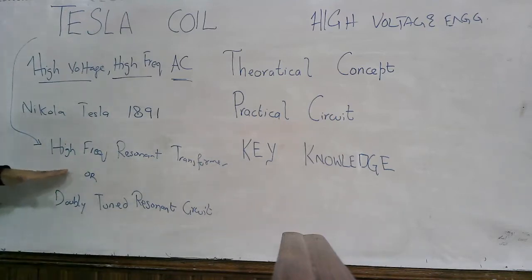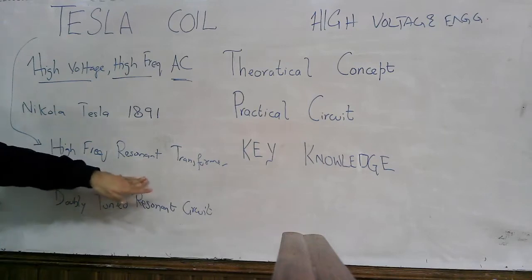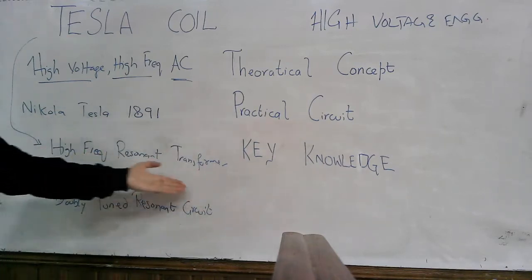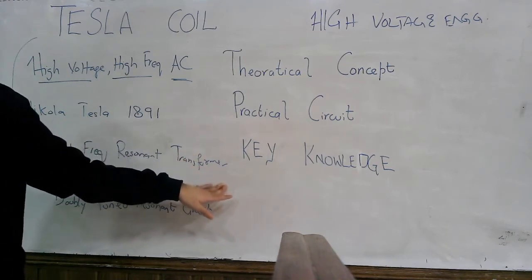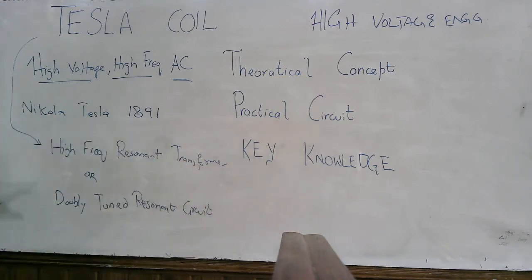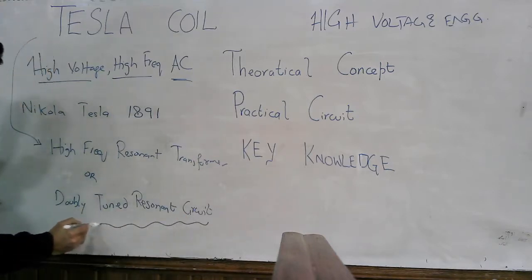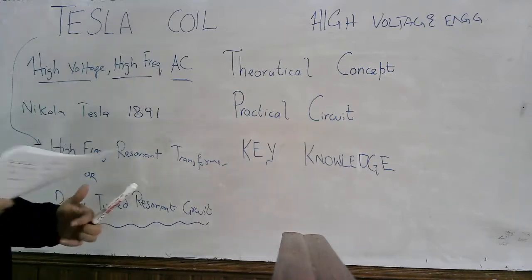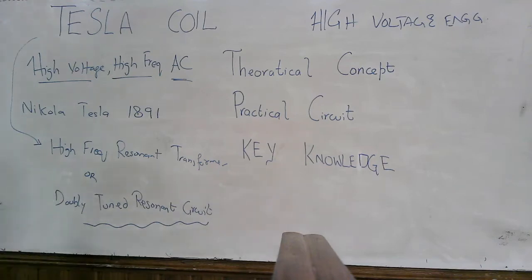The high frequency resonant transformer circuit is also used to generate high voltages, and we have discussed it in our previous video lecture. If you are willing to study that, you can refer to my previous video. And Tesla coil's second name is the doubly tuned resonant circuit. Okay, so let's first discuss what the Tesla coil actually is.